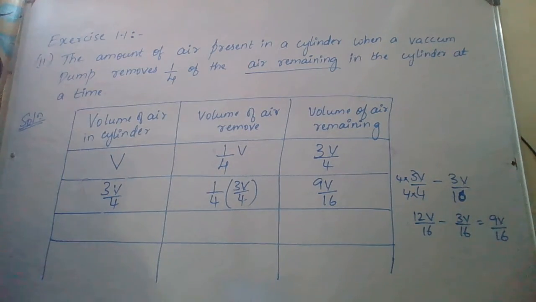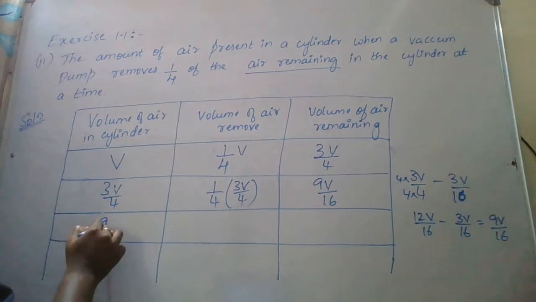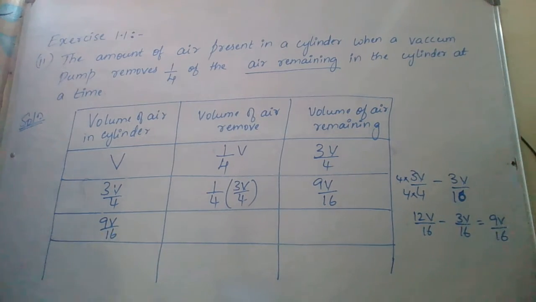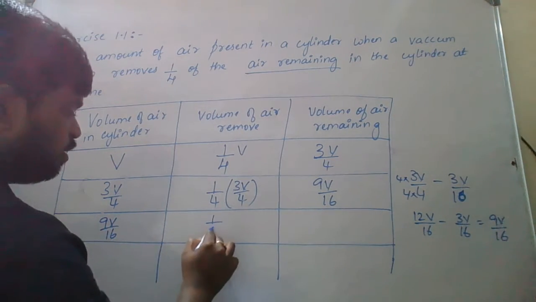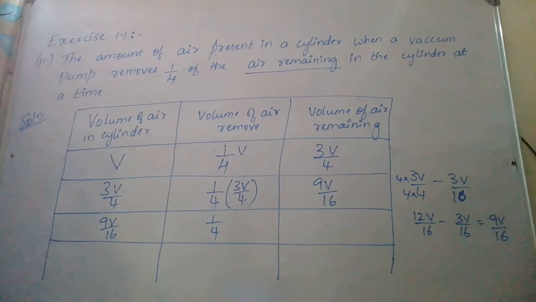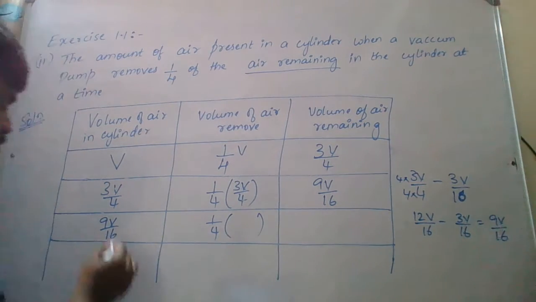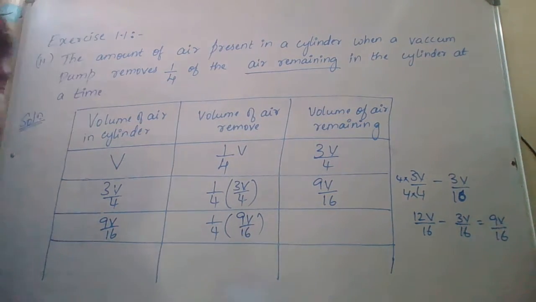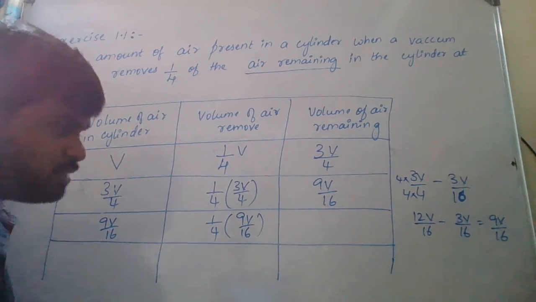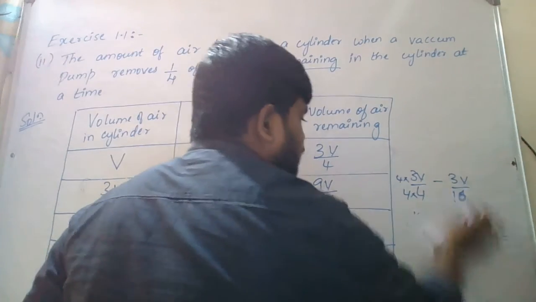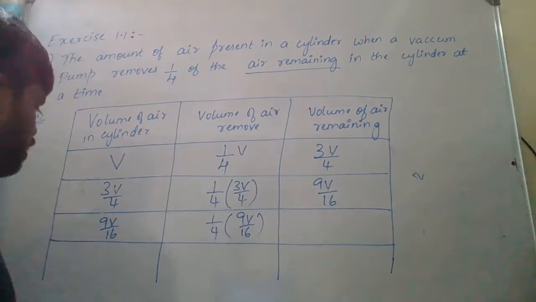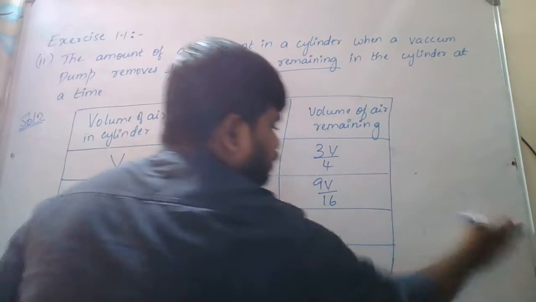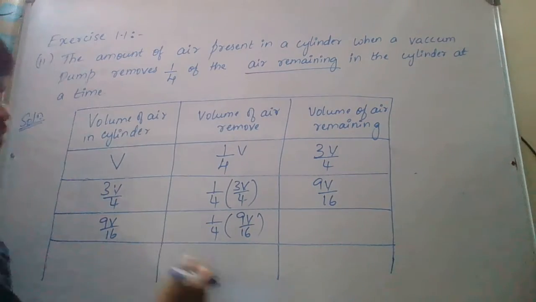Now, this is the air that is present in the cylinder. 9V by 16. Again, what we are doing? We are removing 1/4 of the air that is present. The air that is present is 9V by 16. Let's subtract it to find the remaining. We had so much, we have removed so much.